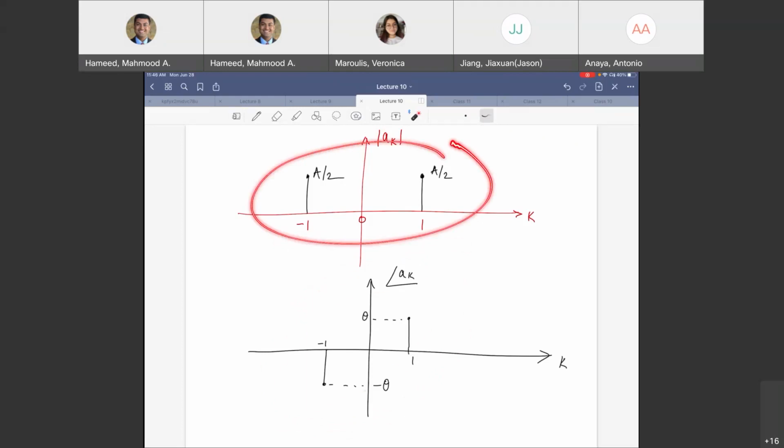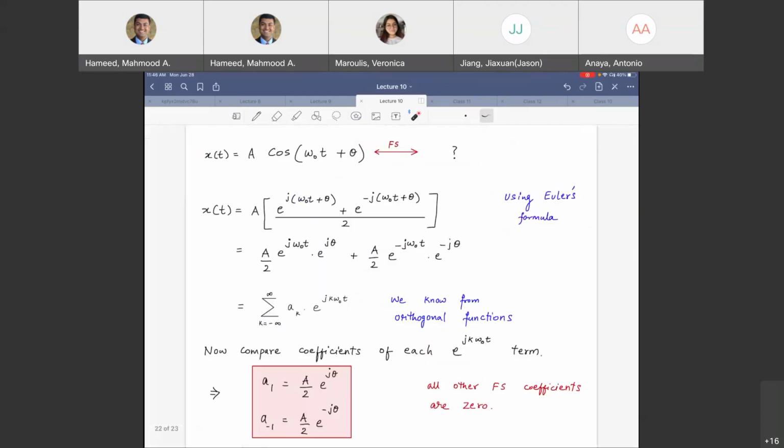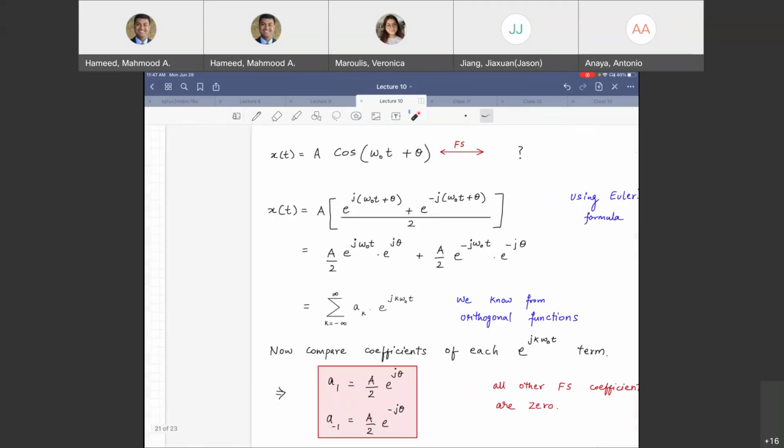For the phase, it is odd. You see that? Can you also express this using delta functions maybe? We'll do it later.